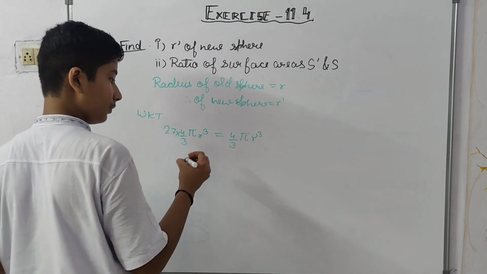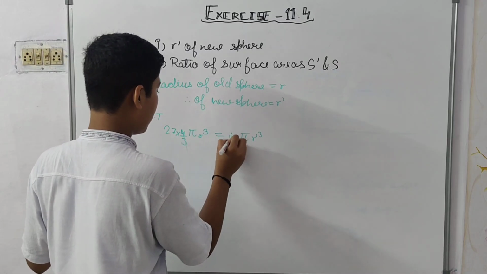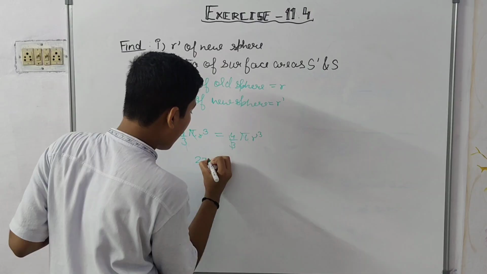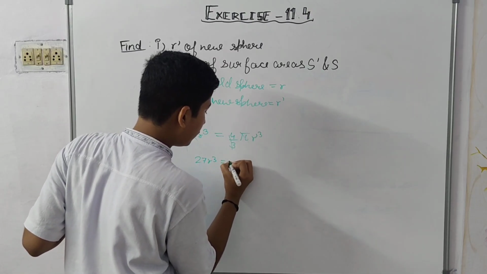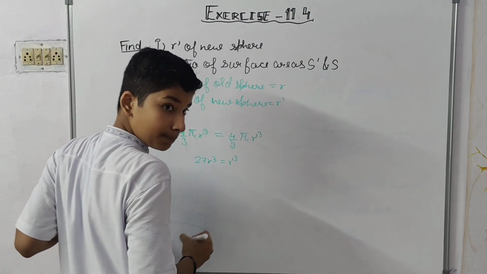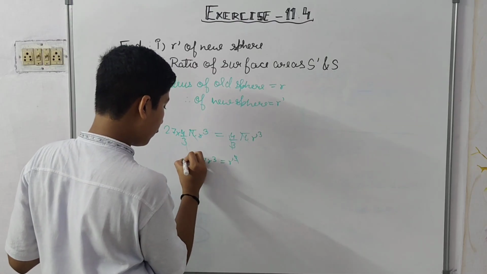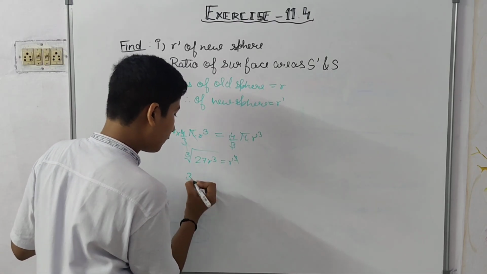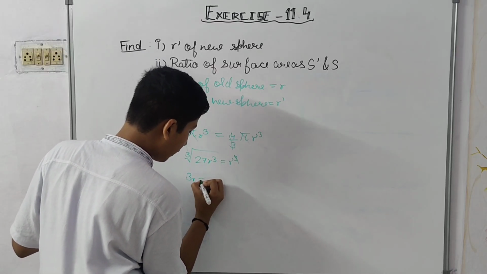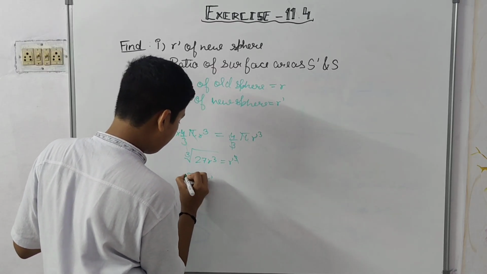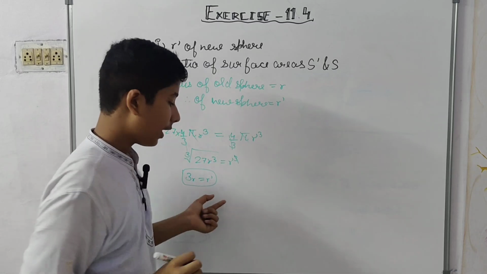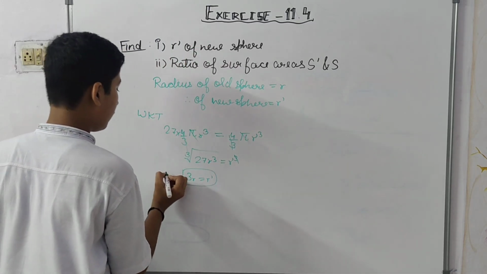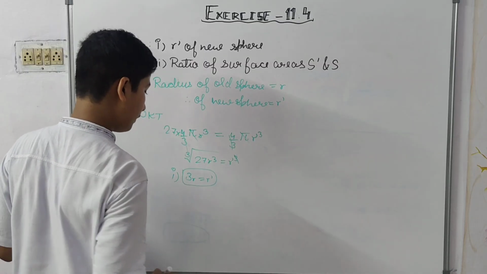The 4 by 3 and pi cancel, so 27 r cube equals R dash cube. Taking the cube root, 27 is the cube of 3 and r cube is the cube of r, so 3r equals R dash. We have got the value of R dash, which is the answer to the first part.